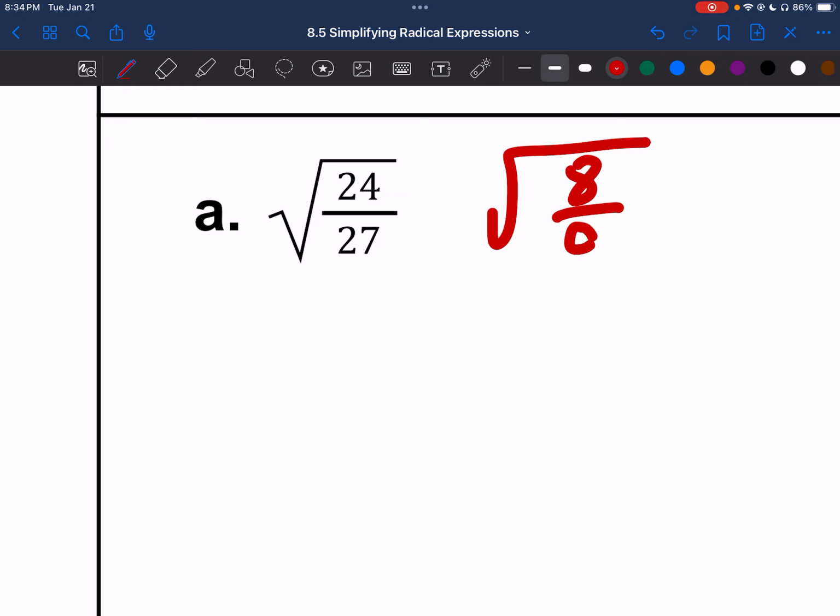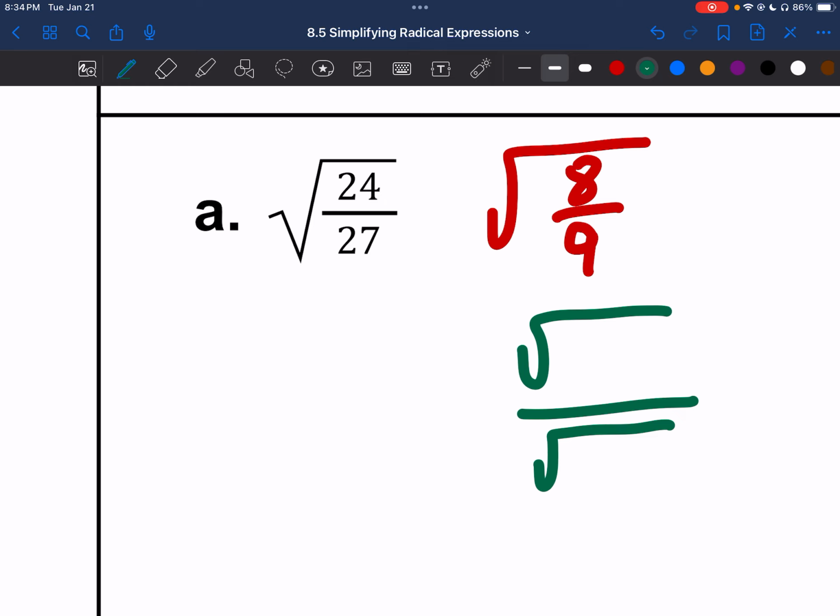Now, when I break apart my factors, we're going to do this kind of 2 steps at once. So we're going to split it into the square root in the numerator and a square root in the denominator. And I'm going to break it into its prime factors. Now, 8 is something that is easily workable. It's 2 times 2 times 2.